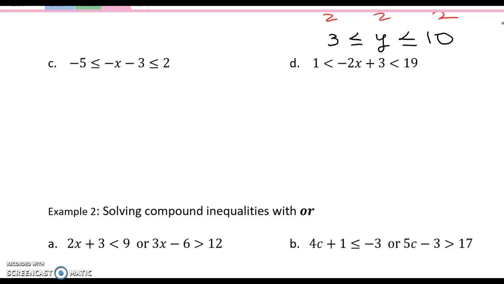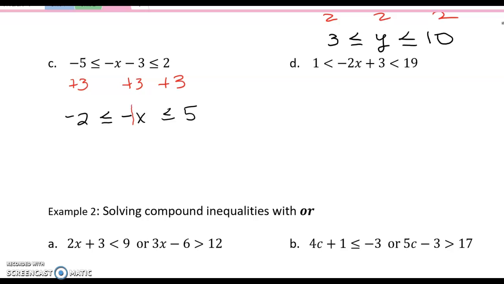All right, moving on to part C. Again, we're trying to get x by itself, so we need to start undoing some operations in this three-part inequality. So I'm going to add 3 to all three parts. So I got negative 2 is less than or equal to negative x is less than or equal to 5.